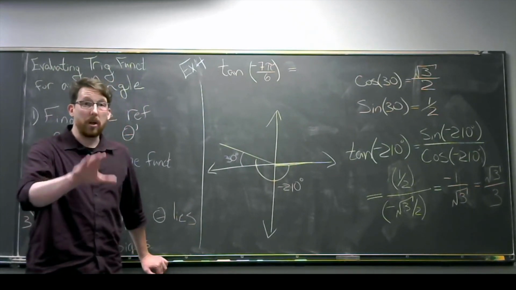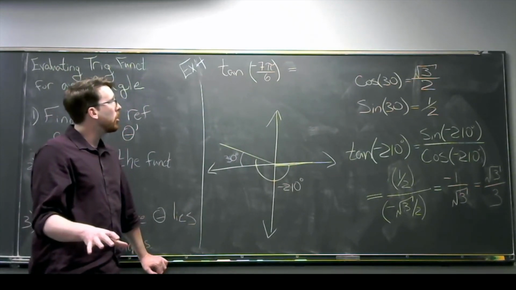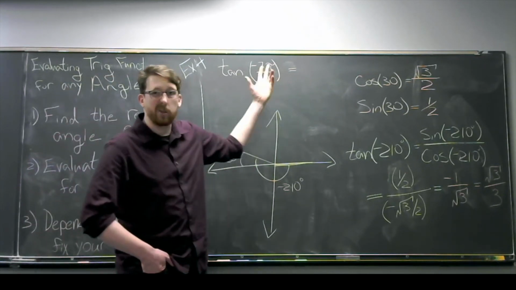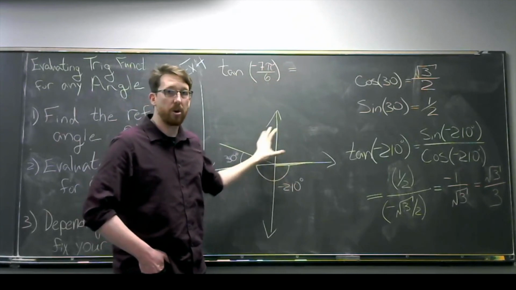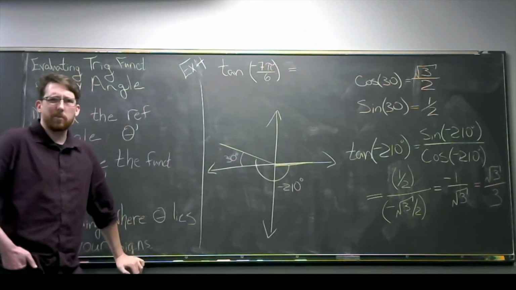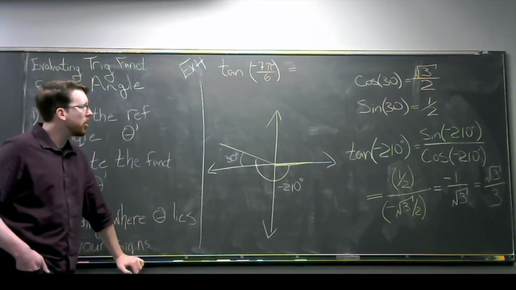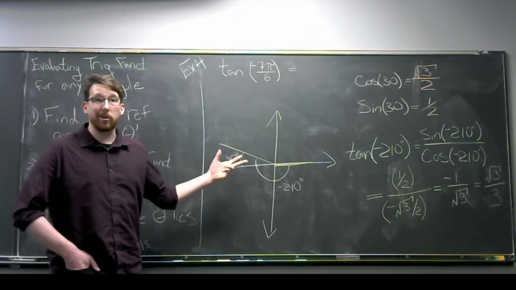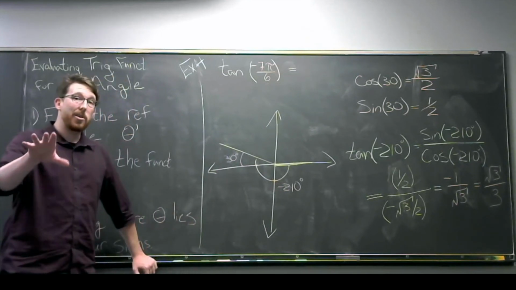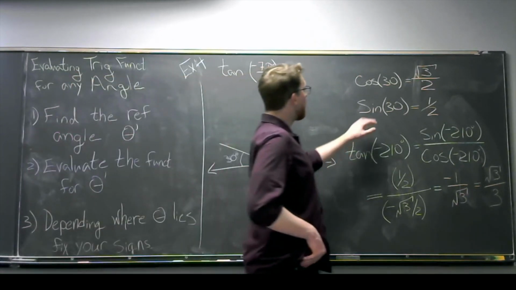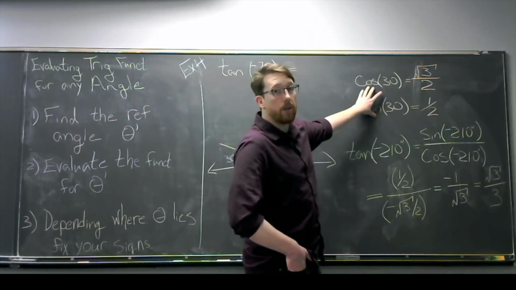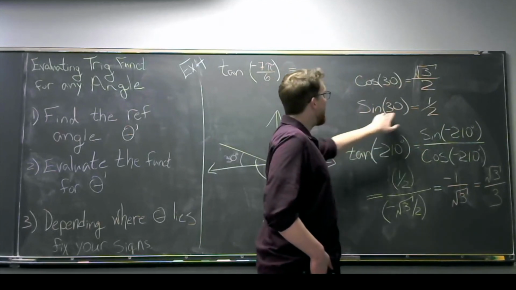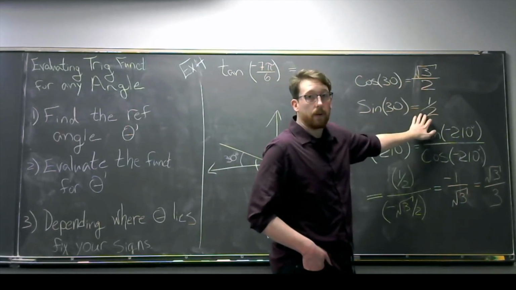Okay, what did I just do? Well, we started by rewriting this in terms of degrees, just because it's easier to see, right? We're more familiar with that, so when graphing this, we have an idea of what we're looking at now. Then saying, all right, cool, found the reference angle, it's 30 degrees. And using the reference angle in the unit circle, I was able to recall that the cosine of 30 degrees is the square root of 3 over 2, and the sine of 30 degrees is 1/2.